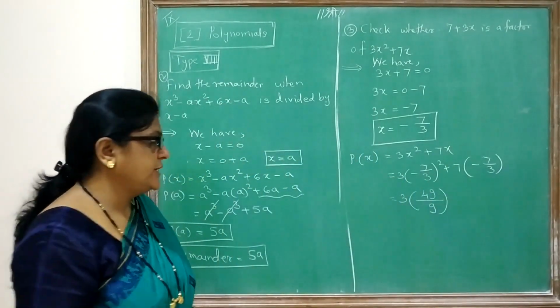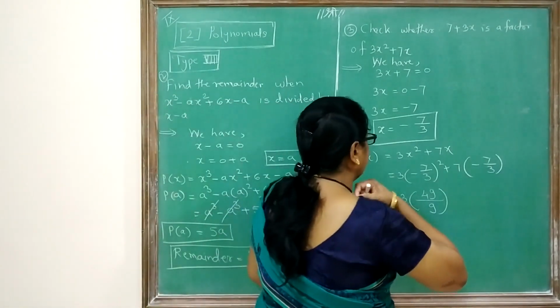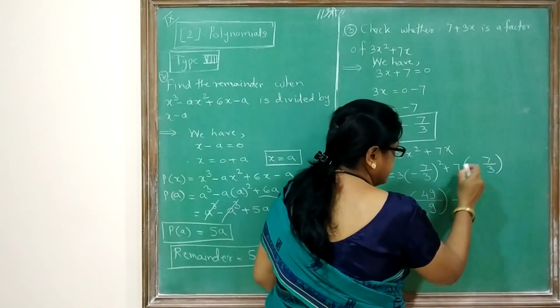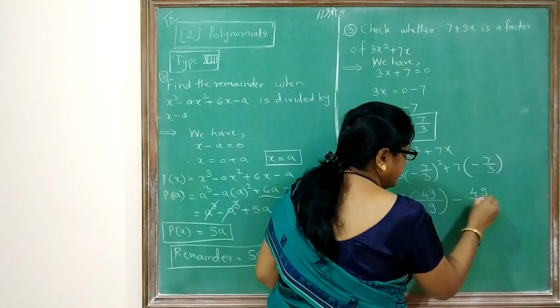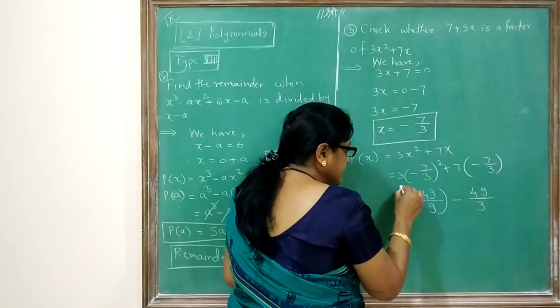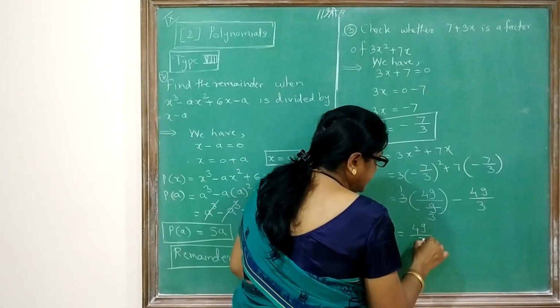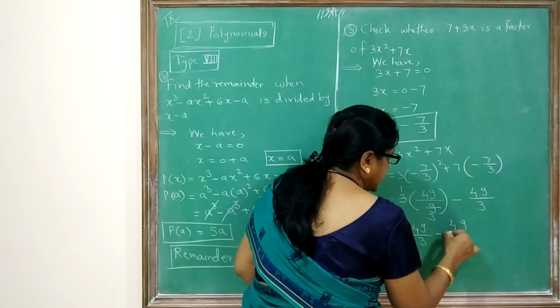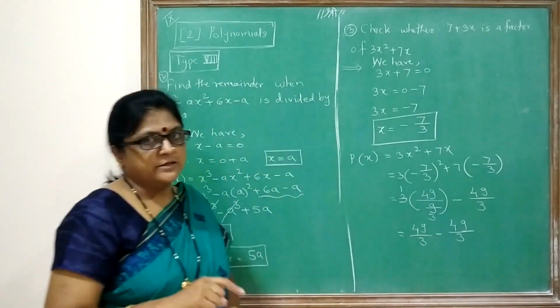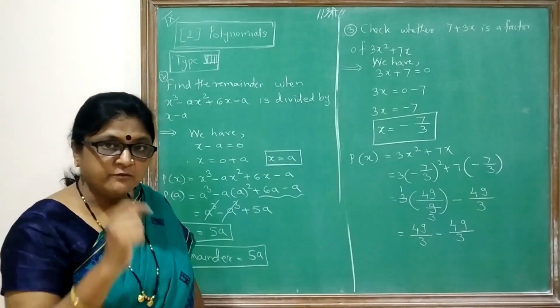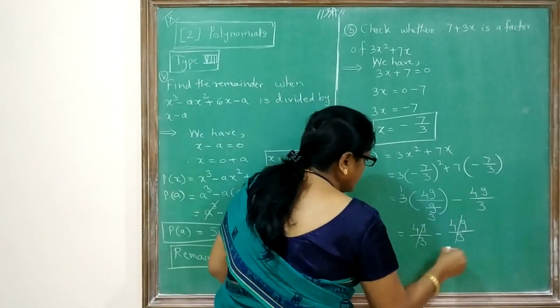Then 7 into minus 7 is minus 49 divided by 3. Here 3 ones are 3, 3 threes are 9. Then 49 divided by 3 minus 49 divided by 3: the number is the same but the sign is different, so you will get 0.